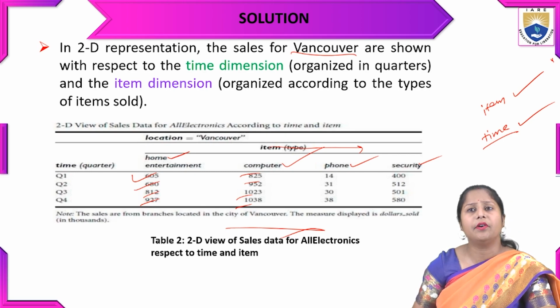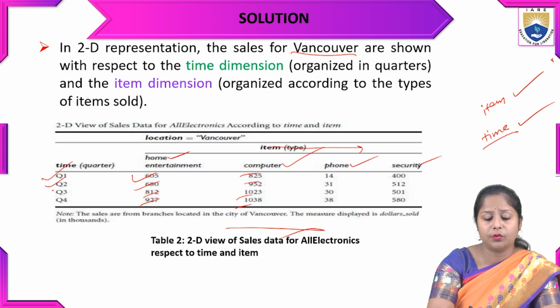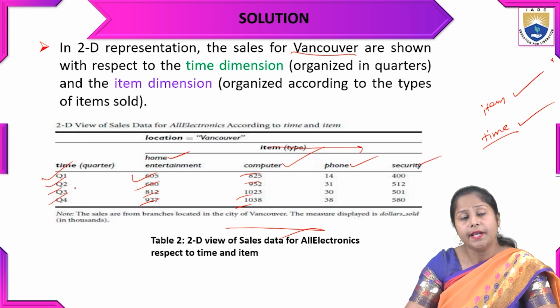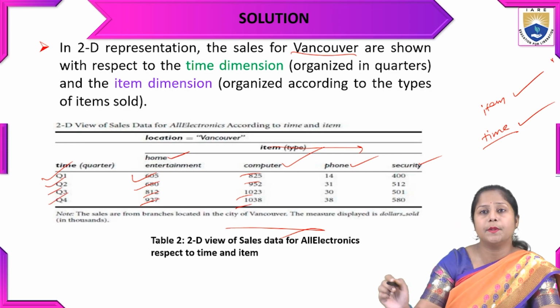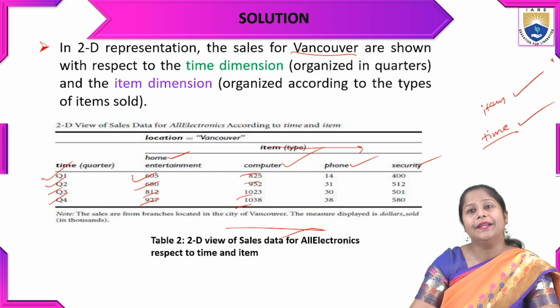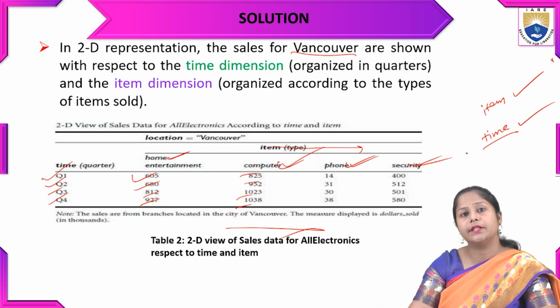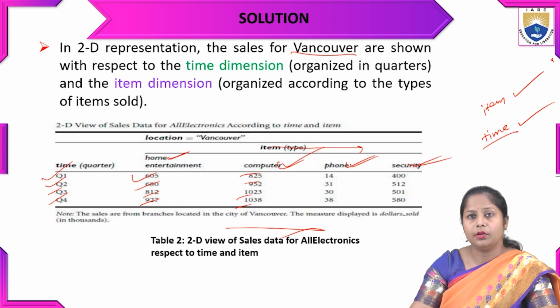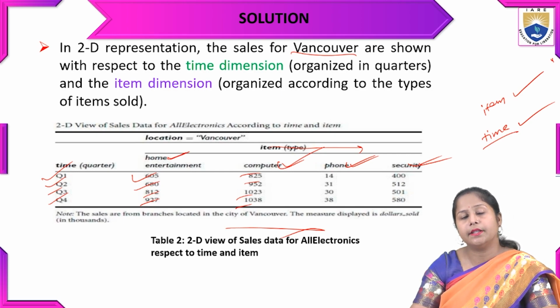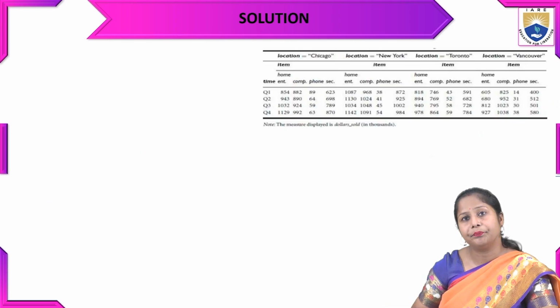In this, sales for Vancouver are shown with respect to the time dimension organized in quarters. So there are Q1, Q2, Q3, Q4, 4 quarters, and the item dimension has been organized into the types of items sold, that is home entertainment, computer, phone, and security. So these are the types of items sold. With respect to that, this is the 2D representation of the sales data set.